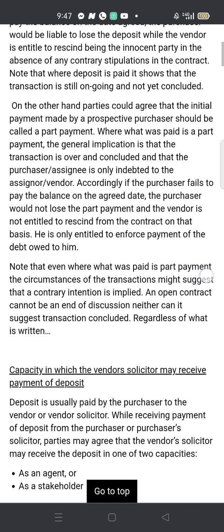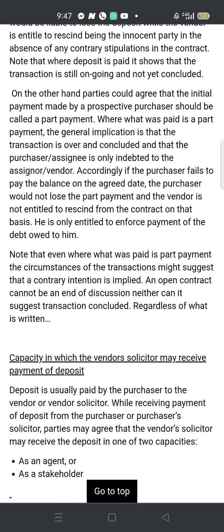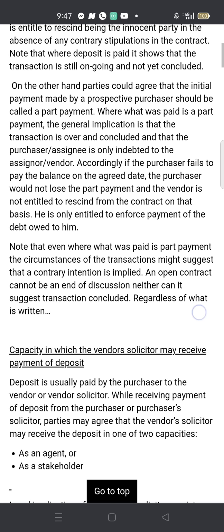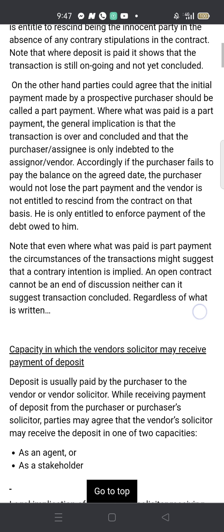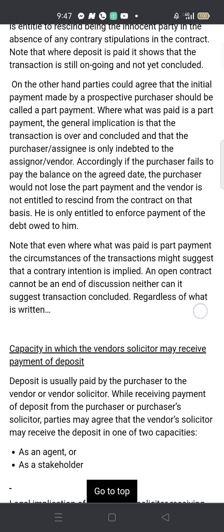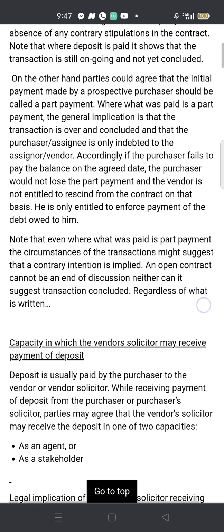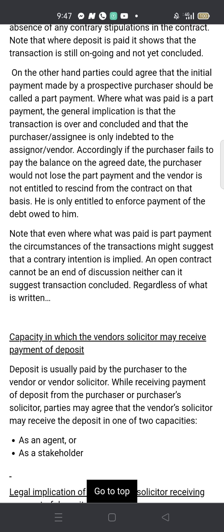Now, note that even where what was paid is part payment, the circumstances of the transactions might suggest that a contrary intention is implied. An open contract cannot be an end of discussion, neither can it suggest transaction concluded, regardless of what is written.